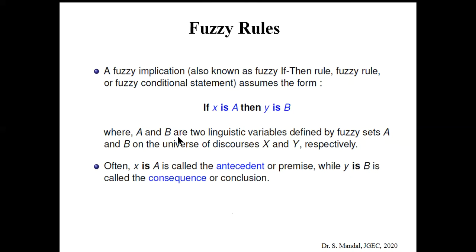So what is the significance of the fuzzy rule in fuzzy systems in real life? Basically all fuzzy systems depend on some kind of fuzzy rules. Consider a real life scenario. Suppose you are driving a motorcycle and your speed can be varied.